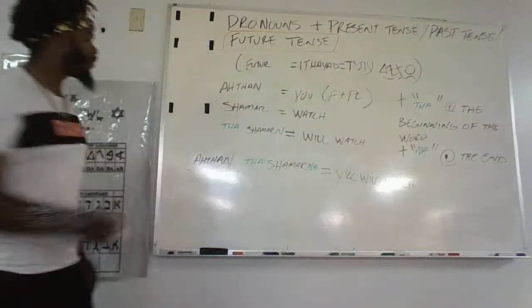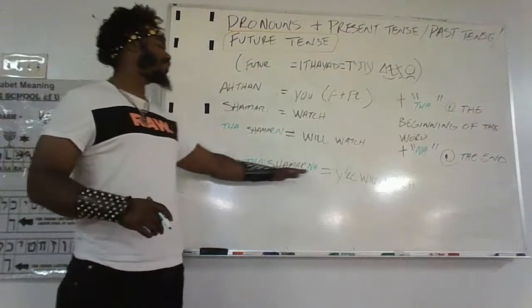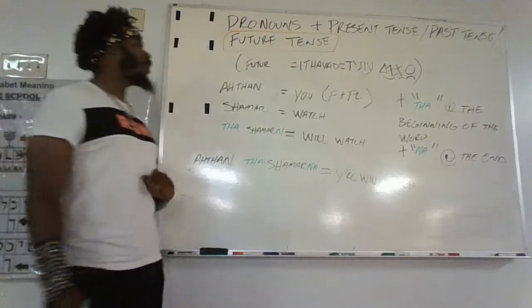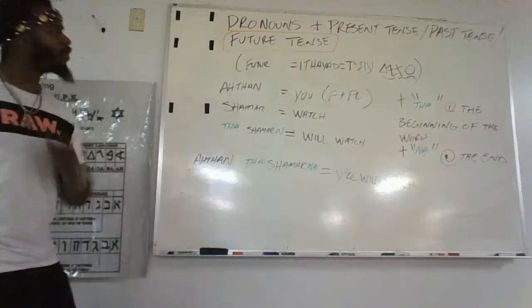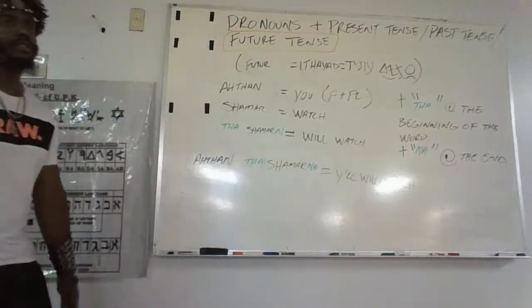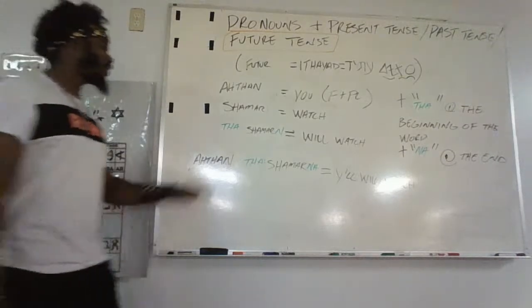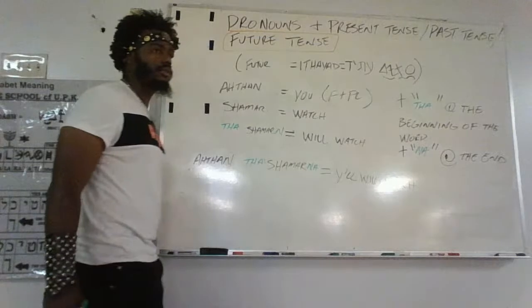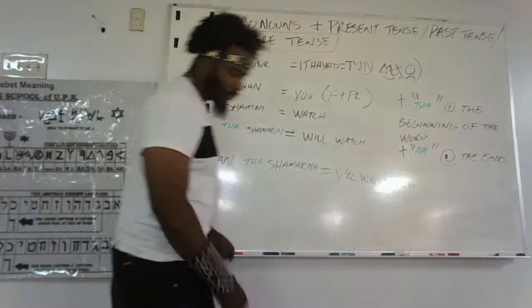Right? So the sentence would be Aten tha shamarna, right? Which is y'all will watch, talking to a group of women, dealing with the future tense. All right? Aten tha shamarna. All right? Okay?